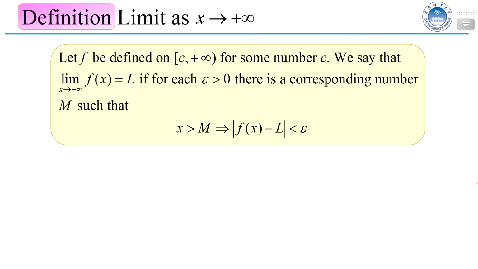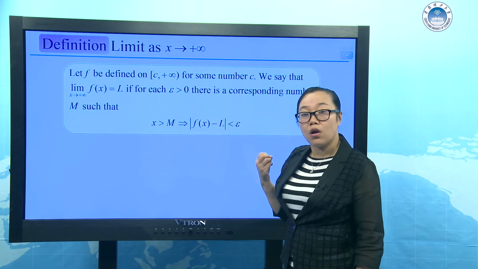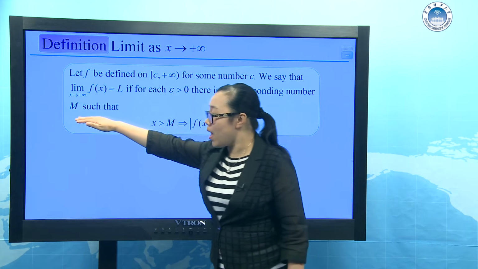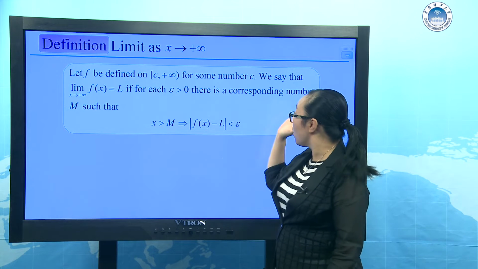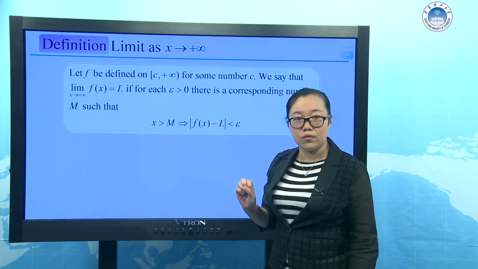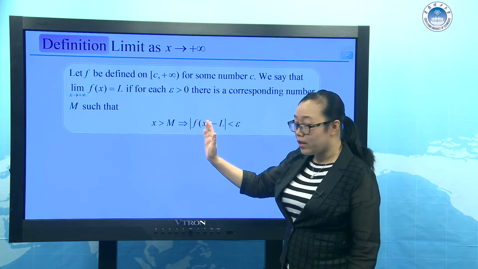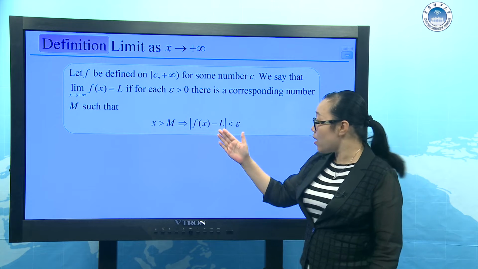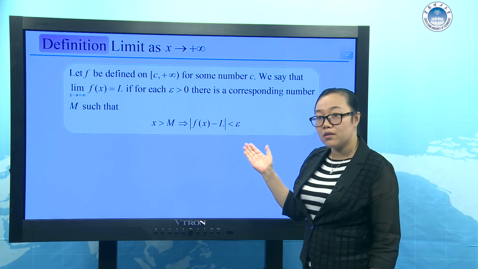We will say the limit of f(x) equals capital L as x tends to positive infinity if for every epsilon greater than 0, there is a corresponding number capital M. Try to understand: epsilon is given and there exists the corresponding number capital M. This means different epsilon, different capital M, such that x greater than capital M, and we can get the absolute value of f(x) minus capital L always less than epsilon.